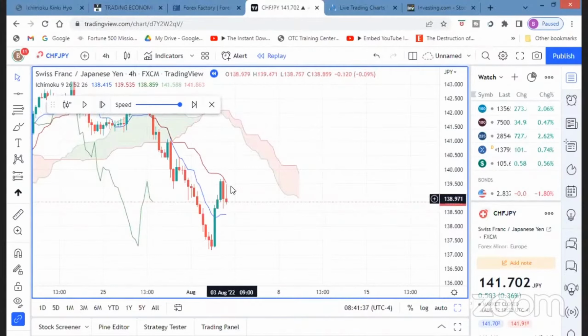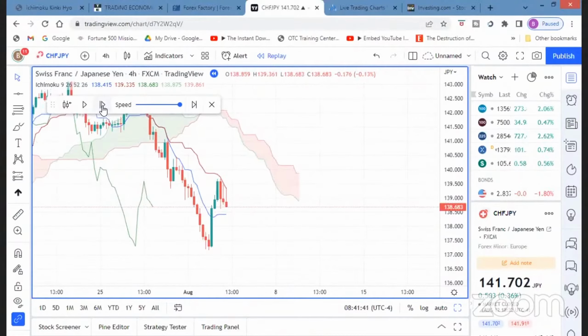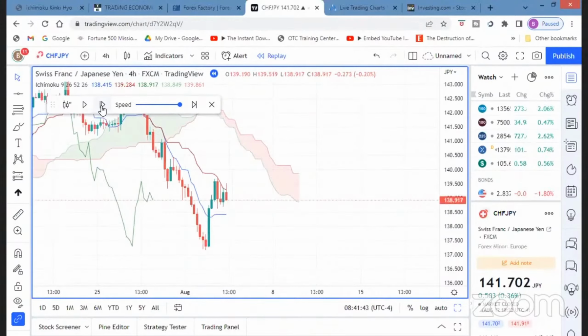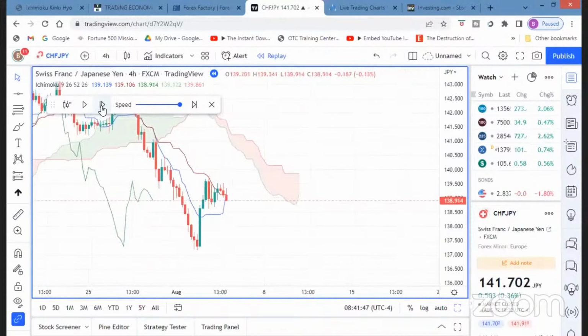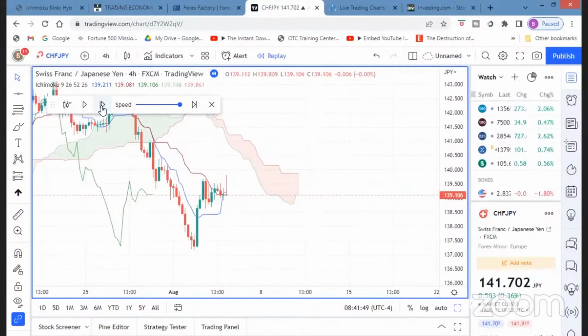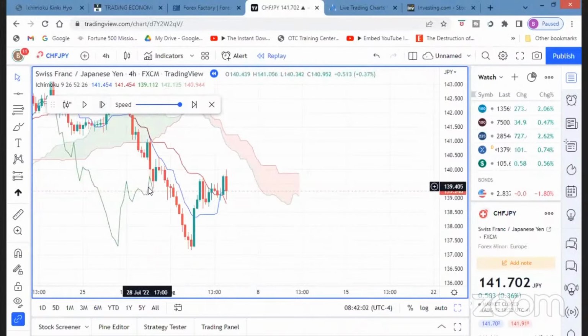Look at your lines here, your Tenkan-sen, your Kijun-sen. See it starting to cross. See how this is pulling closer?